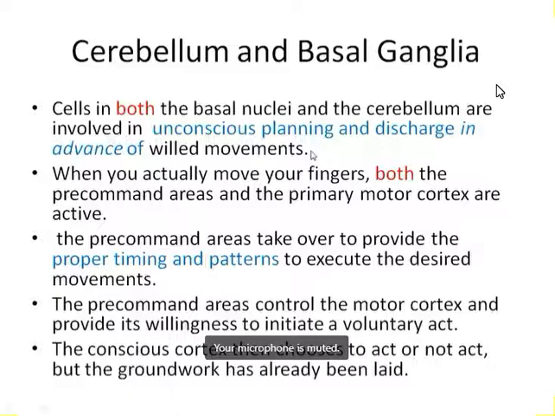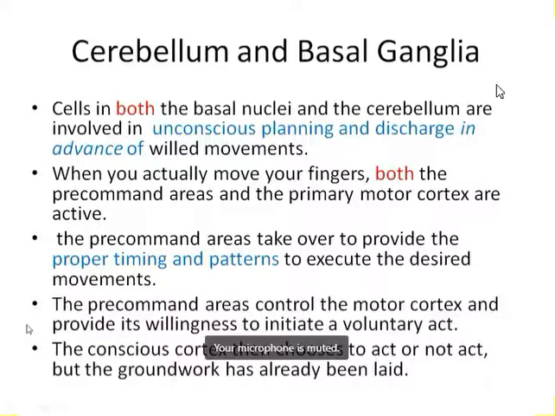When the actual movement occurs, when you actually move your fingers, both the premotor areas and primary motor area become active. The premotor areas take over to provide the proper timing and pattern to execute the desired movement. So the premotor area controls the motor area and provides the willing to initiate the body to act. The conscious mind can then choose to act or not.